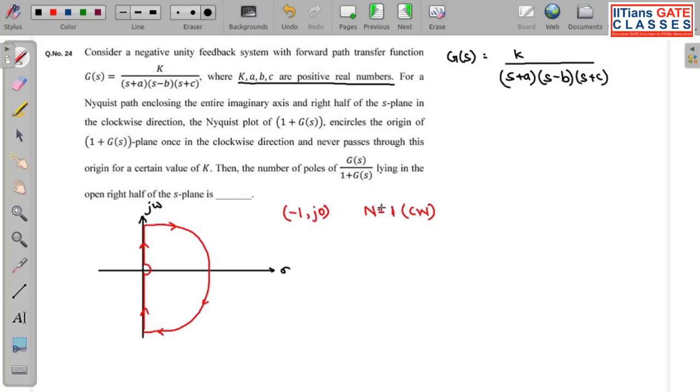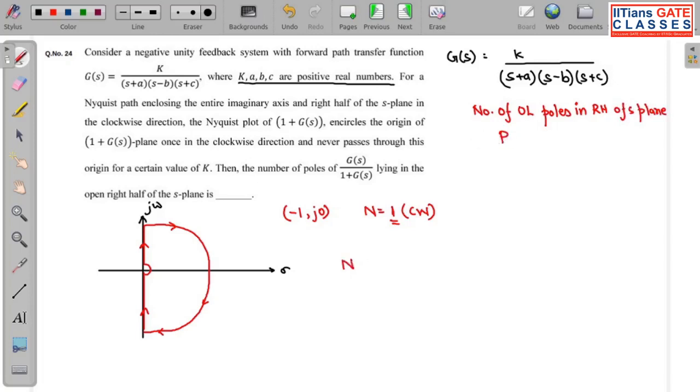Very simple question, but you need to understand. So here they have given you N. From this you can find the number of open loop poles in the right half of S plane, which is also known as P in the formula.